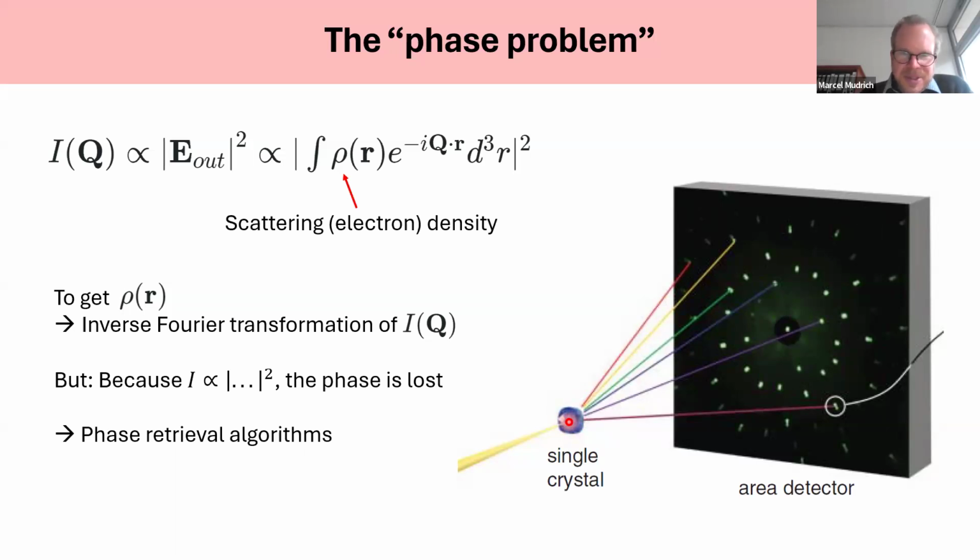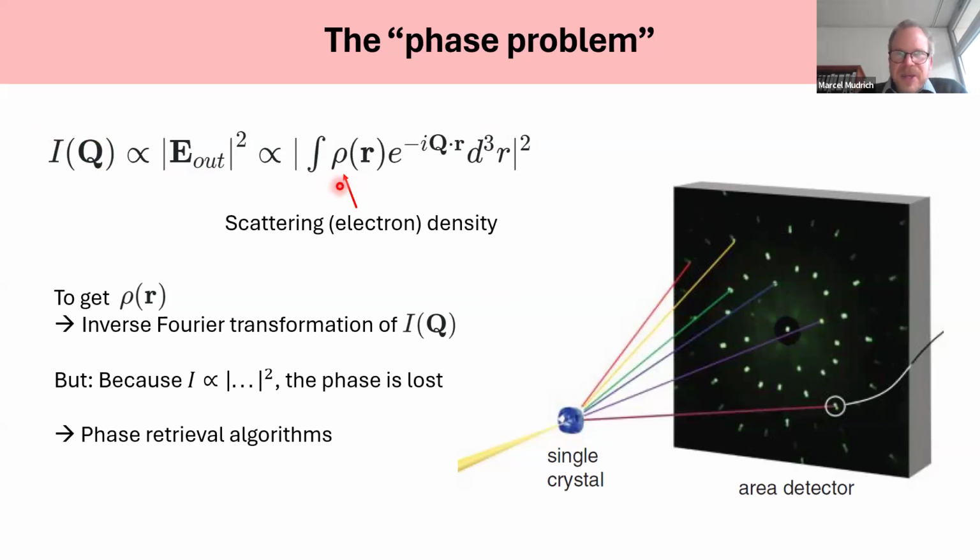And now here comes a big problem, because what we measure is not actually the Fourier transform, but the modulus square of the Fourier transform. If you look at the formula for the Fourier transform, there's an e to the iQR. So this is a complex function, and therefore the Fourier transform is a distribution of complex numbers.